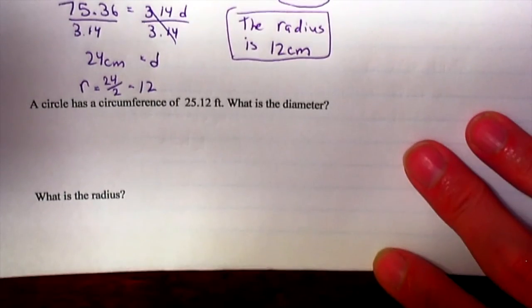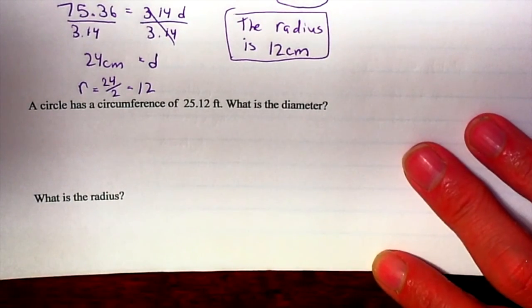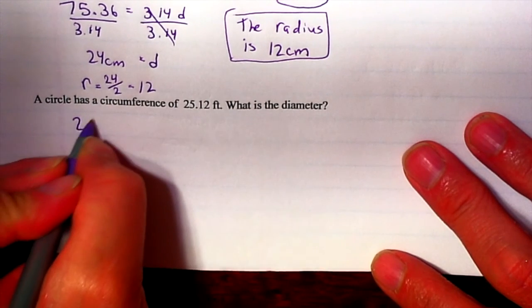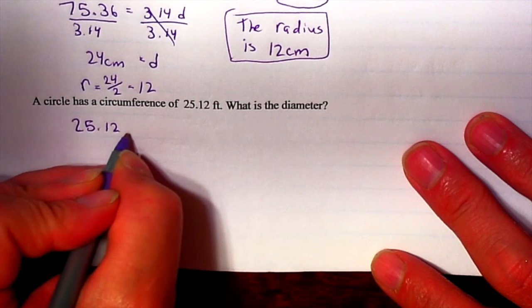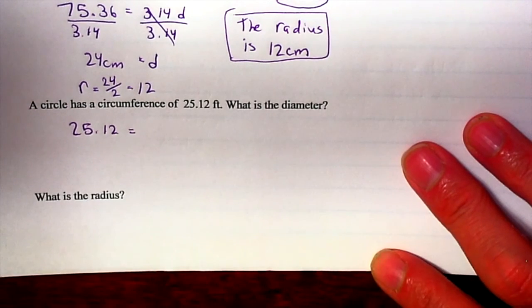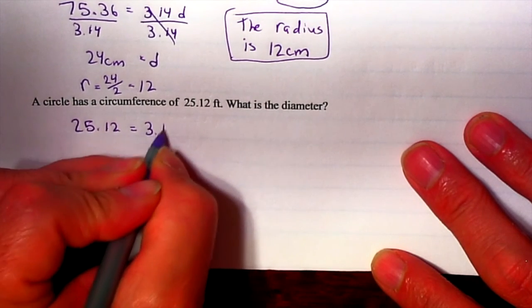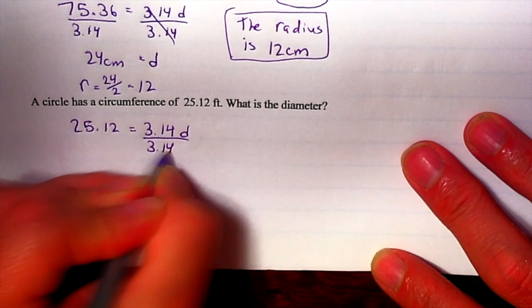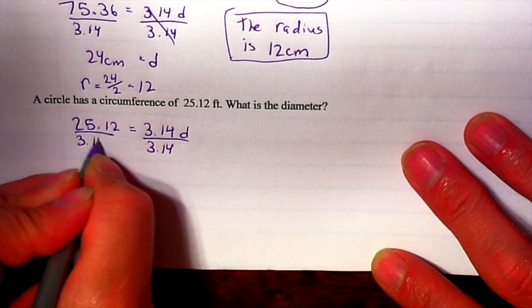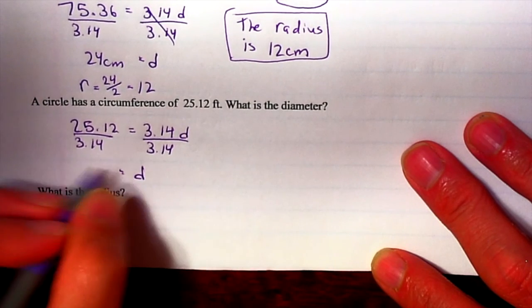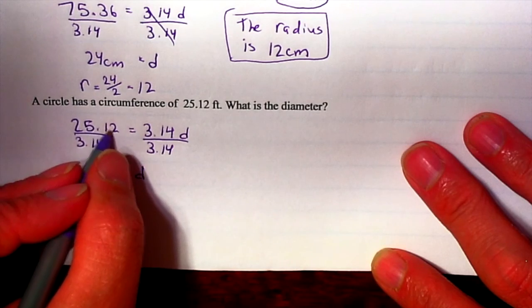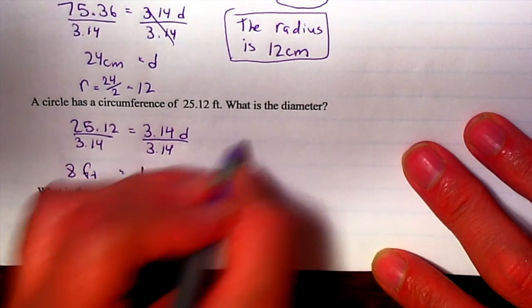So I have one last example here of doing the same thing. Again, they give me the circumference. So the circumference is 25.12. Again, I'm going to go 3.14 times d. I take the 3.14, divide it on both sides. So d is equal to 8 feet. The 25.12 divided by that 3.14.